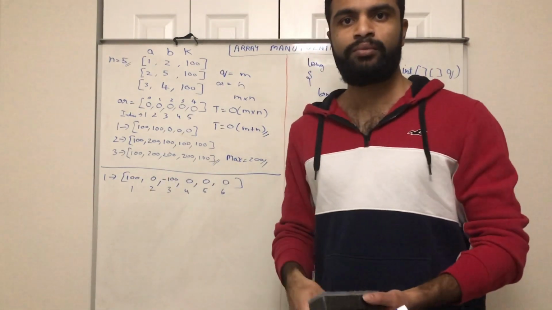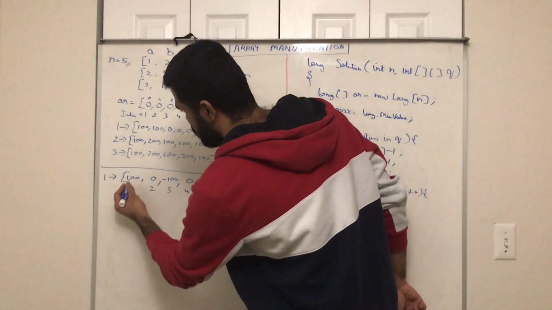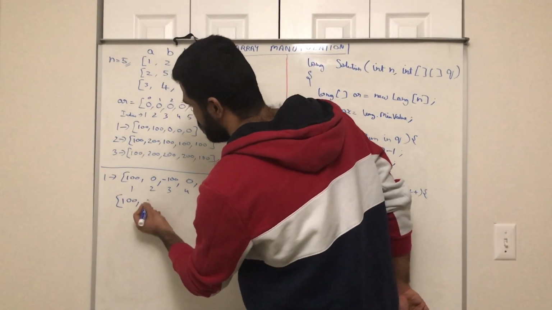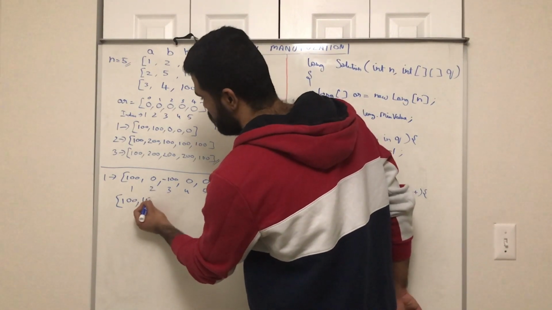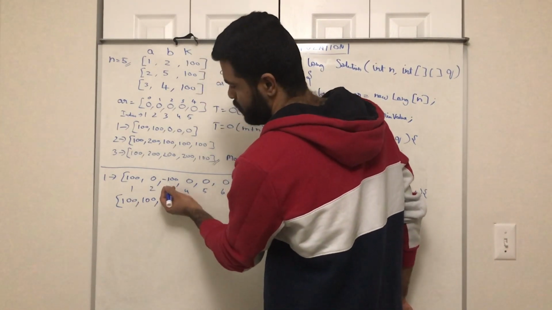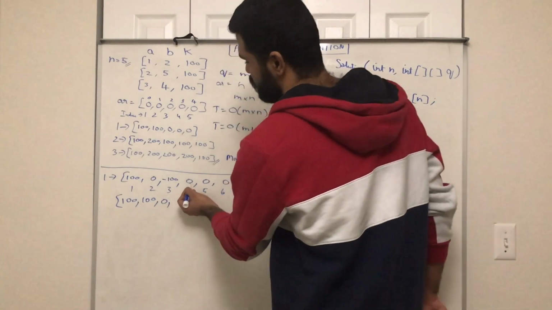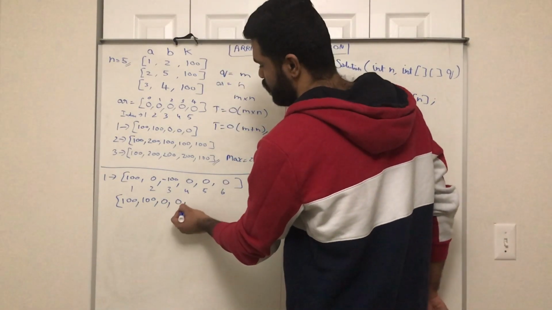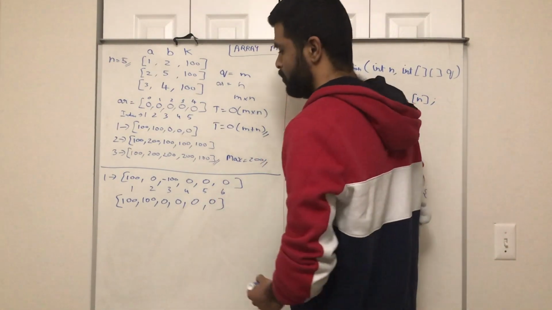And now if you apply the prefix sum algorithm, you will get the query as, so first will be 100, and the second element would be 0 plus 100, that will be 100. And the third element will be minus 100 plus 100, that will give me 0. The fourth one, 0 plus 0, 0, 0 plus 0, 0, 0 plus 0, 0. Okay.